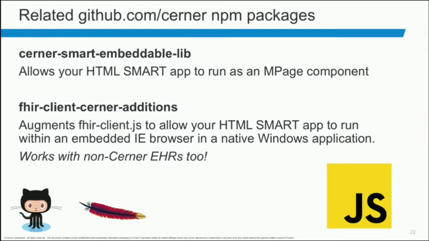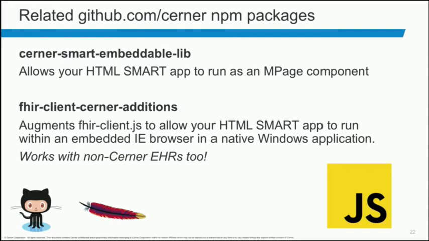So if you're wanting to run within a Cerner environment, we actually make this a requirement. If your application is a JavaScript application where you're calling the FHIR APIs through your browser, you have to include this in your application. Now the good news is that this is not just for Cerner. There are other major EHR providers that have this same exact behavior within their native EHRs that we've confirmed with them. And so this would be something you'd want to include if you're running within those EHR vendors as well.